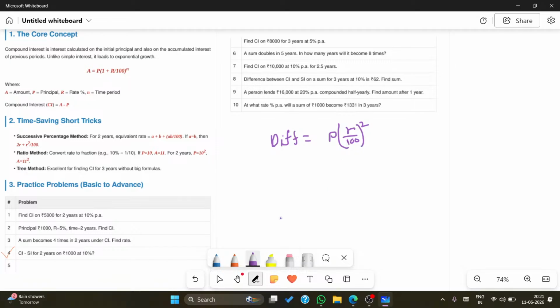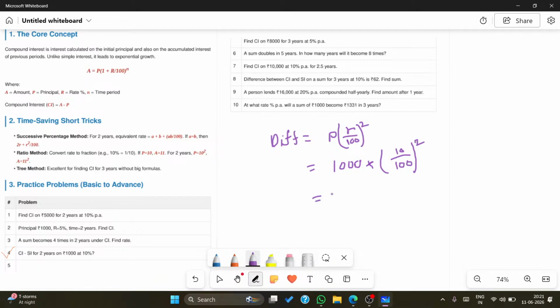So because of this time period, P is equal to 1000, and it will be multiplied by R by 100. R means 10, 10 divided by 100, squared.